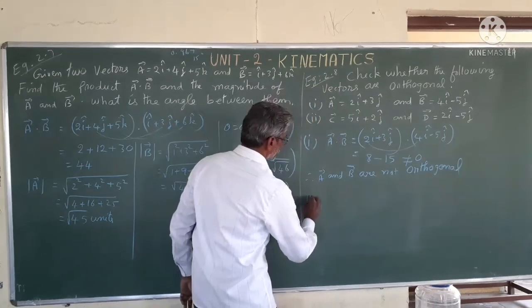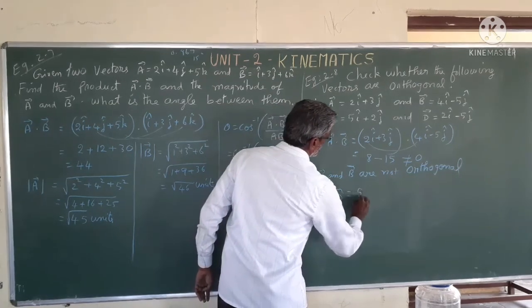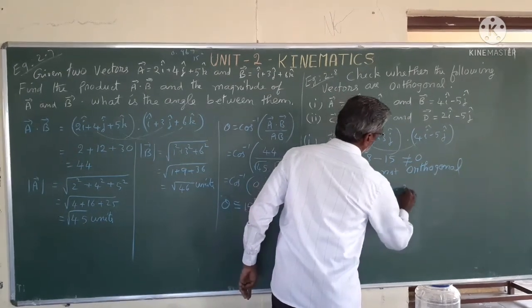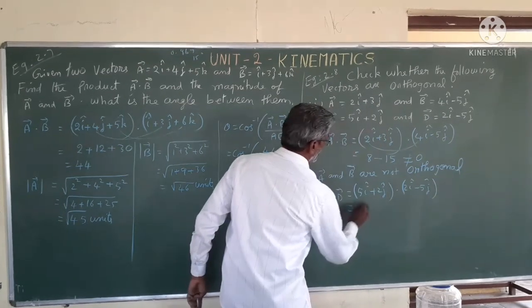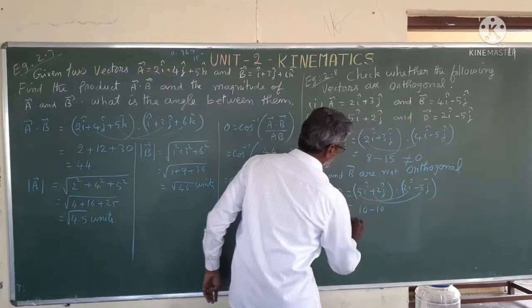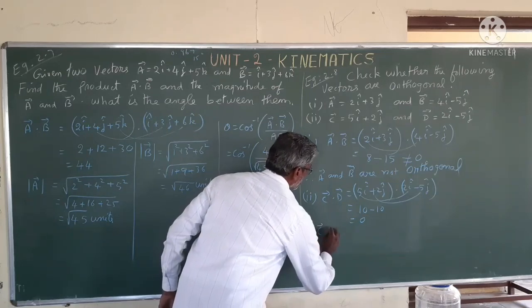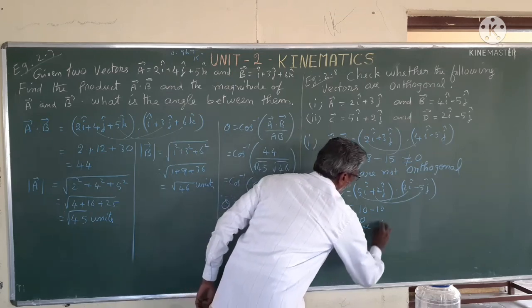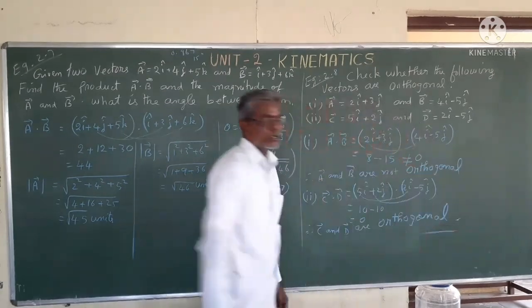Okay. Second question: C vector dot D vector, 5i plus 2j dot 2i minus 5j. 5 2s are 10, minus 2 5s are 10. So they are 0. Therefore C vector and D vector are orthogonal.